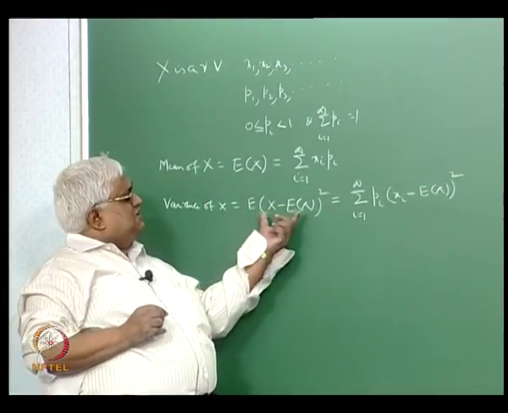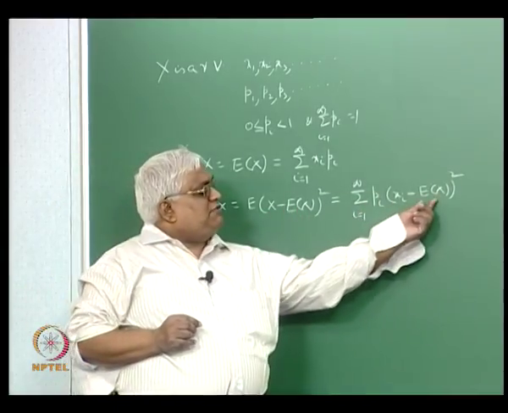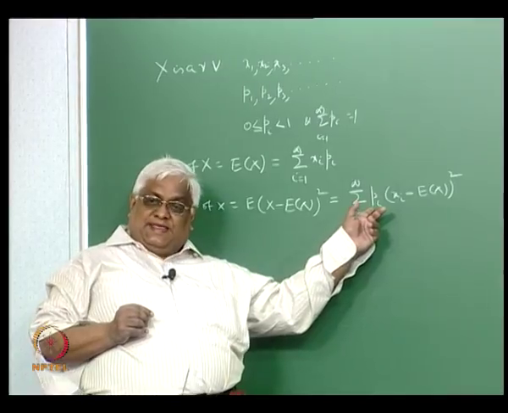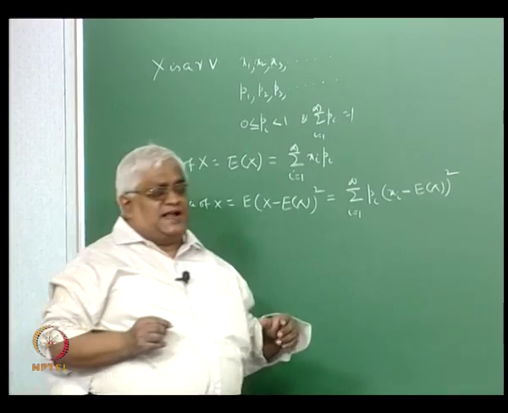So basically it is the summation i equal to 1 to infinity of pi into xi minus the mean, the whole square. Here, a value of X is xi, so you take xi minus the mean, the whole square, and expectation means this multiplied by the corresponding probability pi. This is for discrete random variables.